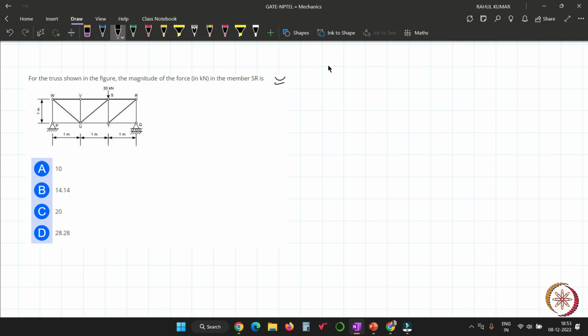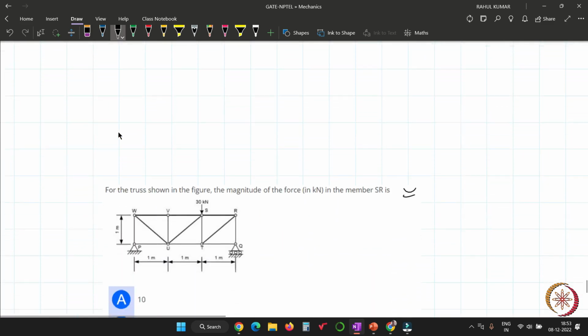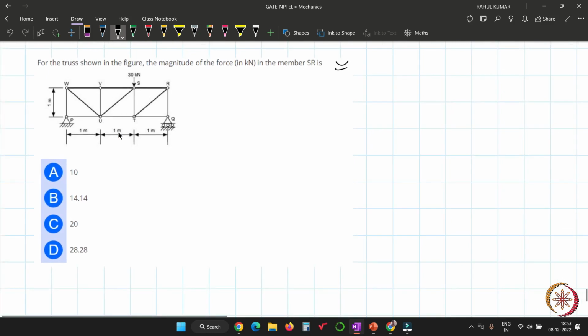Try this, then I will discuss it. Sir, can you zoom it a bit? Yeah, sure. Is it visible now? Yes, sir. Yeah, solve this.